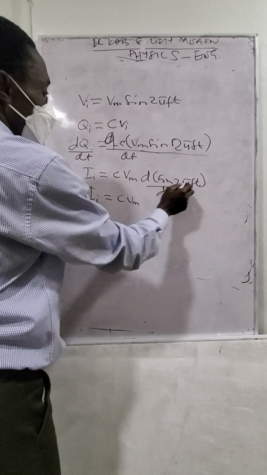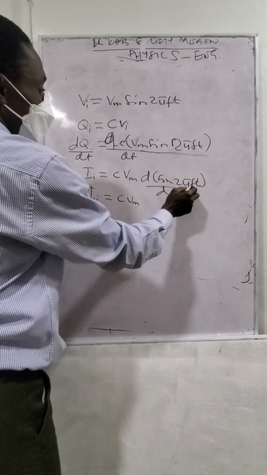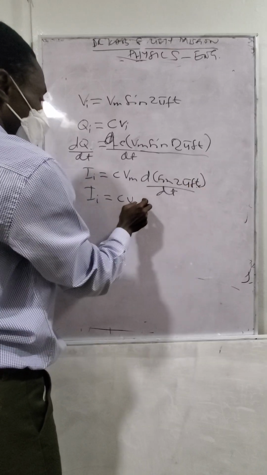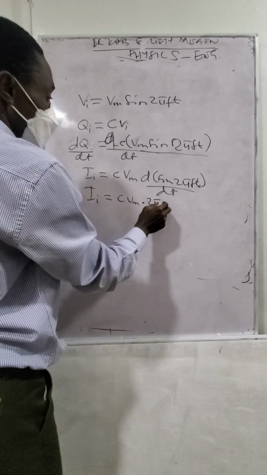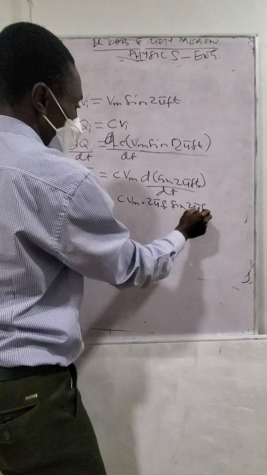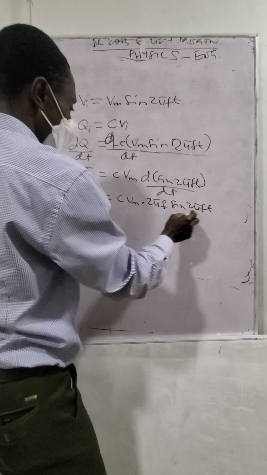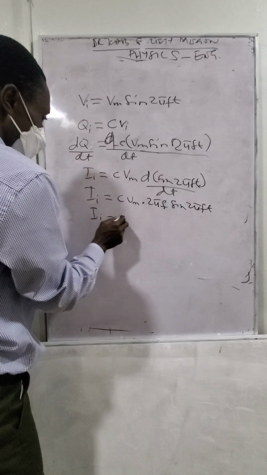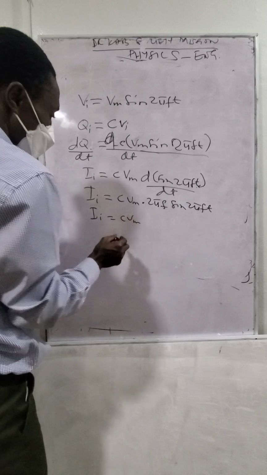If you are differentiating sine, the coefficient of what you are differentiating with respect to comes out, so 2 pi f, then we have sine 2 pi f t. So this gives you I instantaneous is equal to C V max.